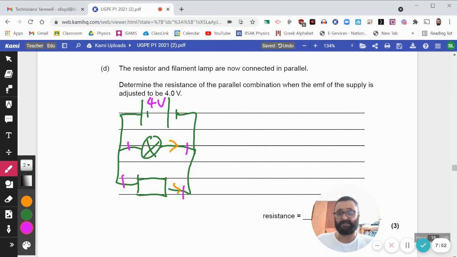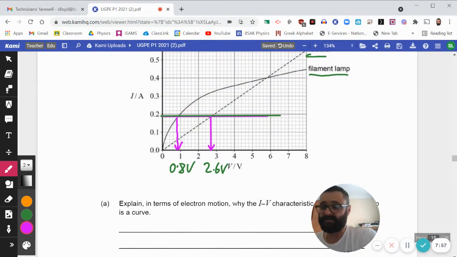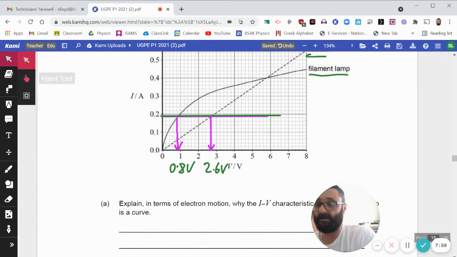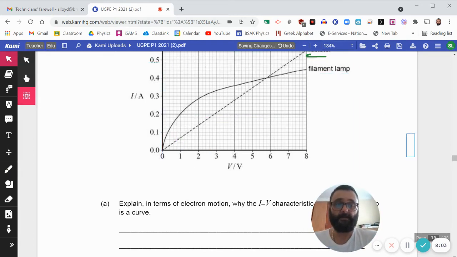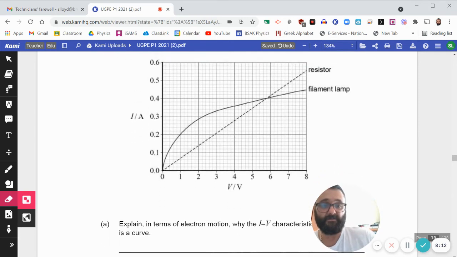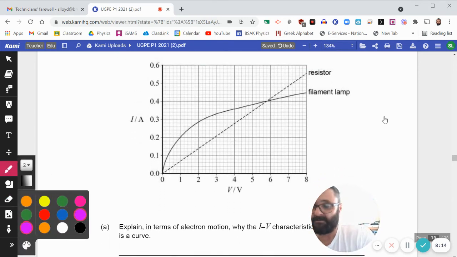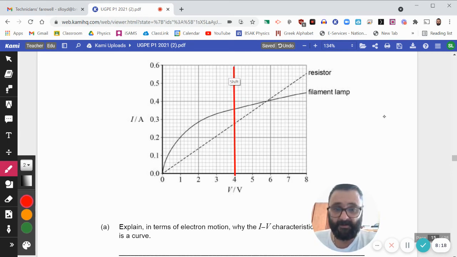The voltage across the resistor is 4 volts. We can go back to our graph and do the same procedure, but in reverse, can't we? Okay, right. So 4 volts. Now we have 4 volts across the bulb, 4 volts across the resistor. So 4 is there, isn't it?